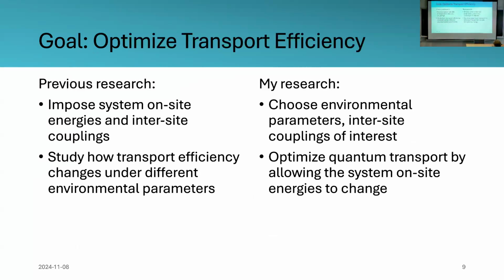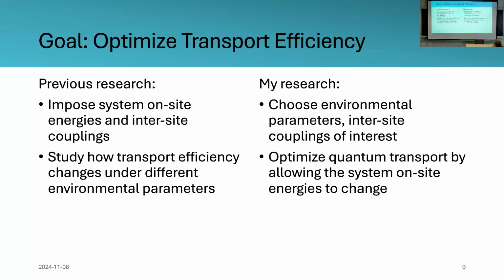So my research is a little unique in that I'm actually optimizing the system energies, which doesn't get done very often. Typically, you would see someone wants to study how a particular system behaves given different environments, and then they change the environment, and then we discover things such as environmental noise-assisted quantum transport or localization or other things.